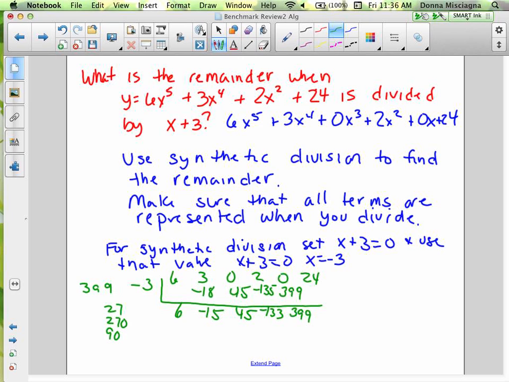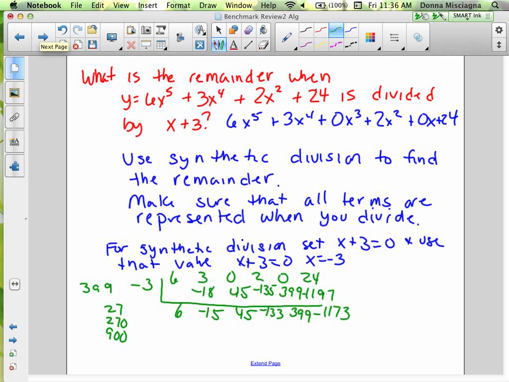It's easier for me to do it that way. So 1197, and that is negative. So that's going to be negative 1173.